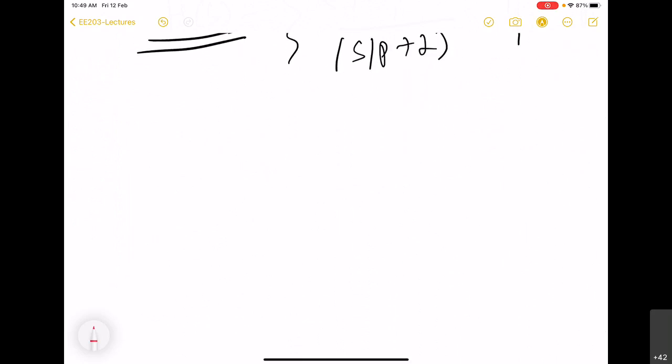Now we can take one example to see how to arrive at the complete Bode plot.